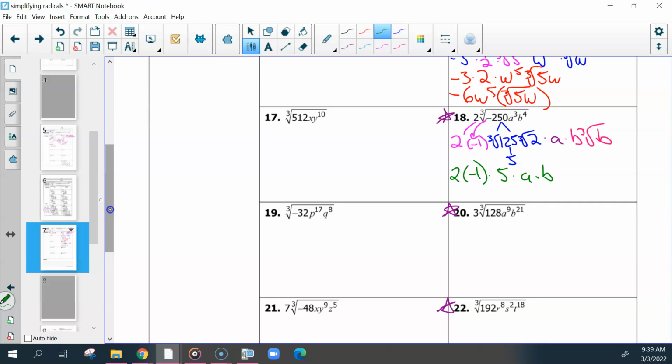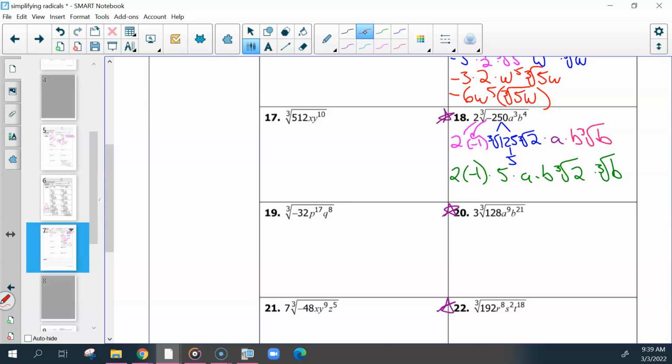And on the inside, we have the cube root of 2 and the cube root of b. I'll write it like this for now. Let's do this piece by piece.